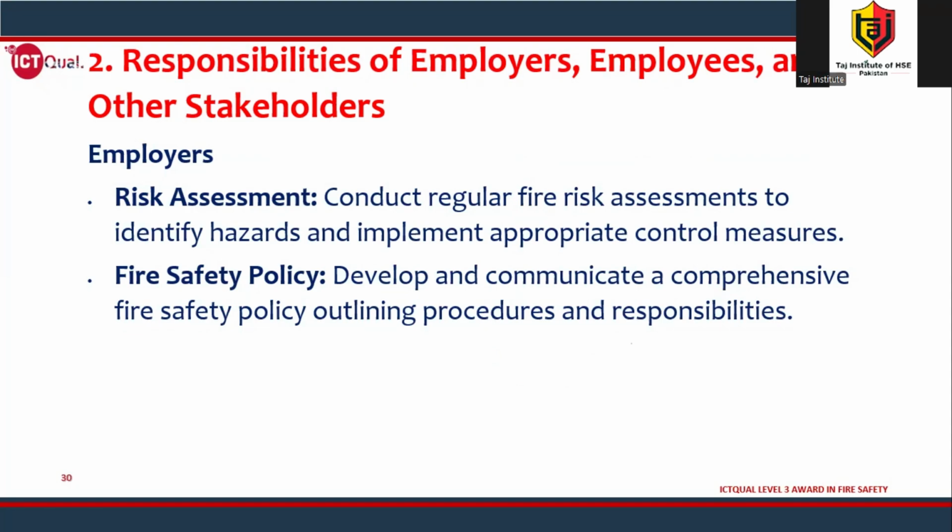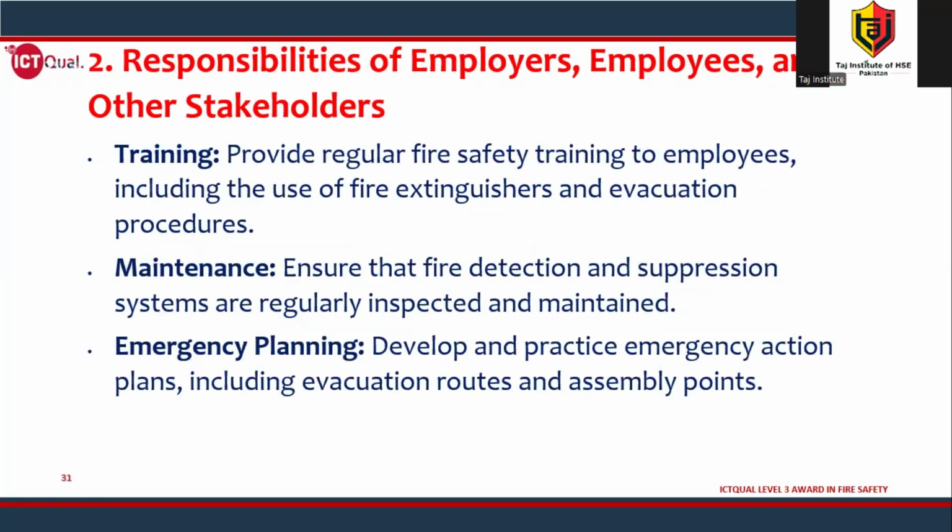The employers, the company holders, the stakeholders have to develop the fire safety policies and communicate them to all the employees in the company. The stakeholders also have to train the employees how to use fire extinguishers and evacuation systems.